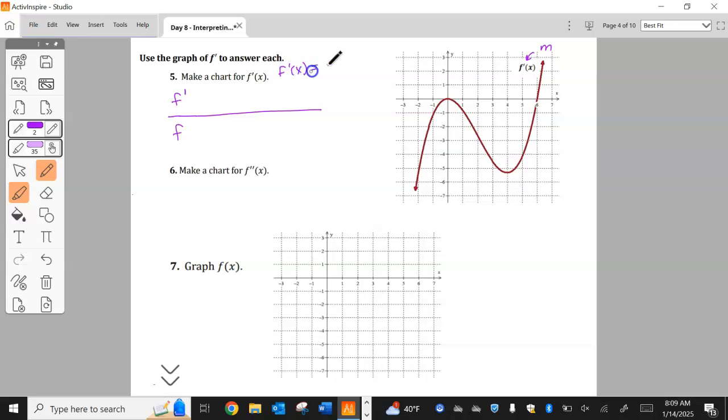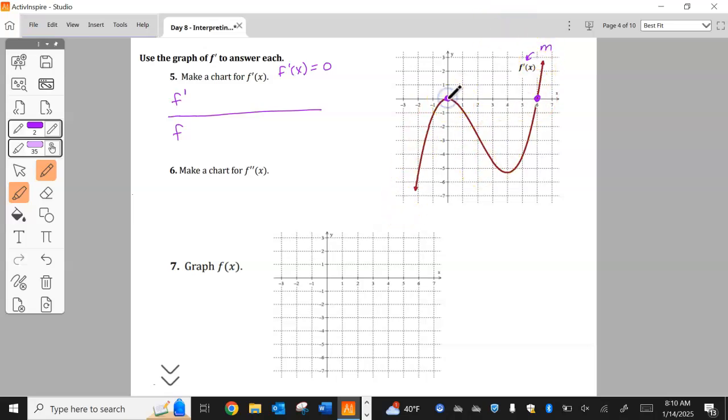First we need to find where the slope is 0. Remember, like our first derivative test, we take the derivative, set it equal to 0. So if I look here, the slope is equal to 0. And if I look here, the slope is equal to 0. We're not looking for where we have turning points on the graph, because this graph represents the slope.